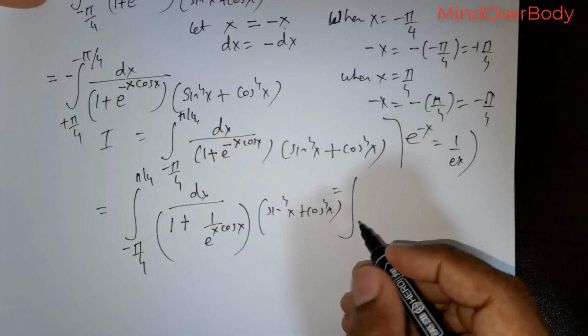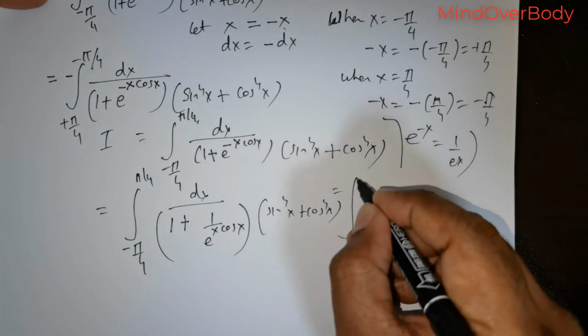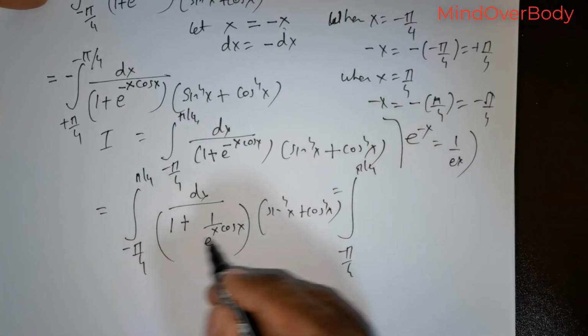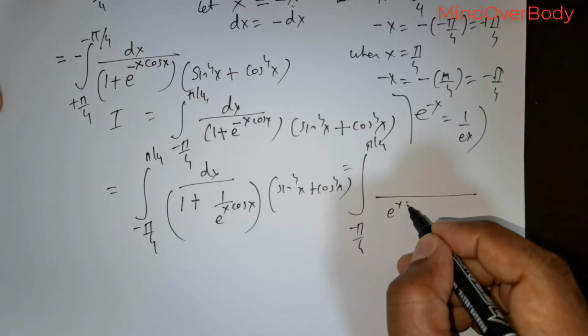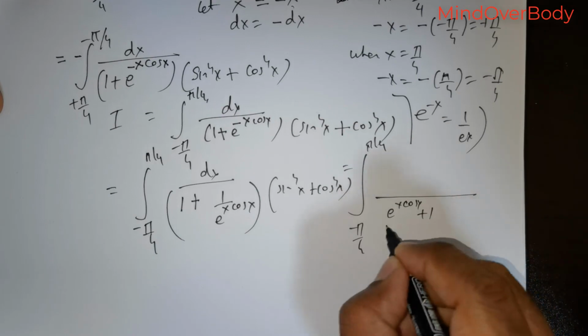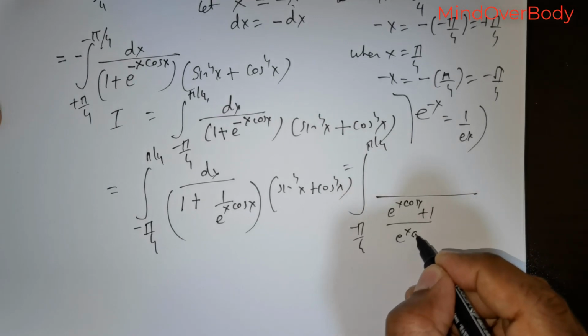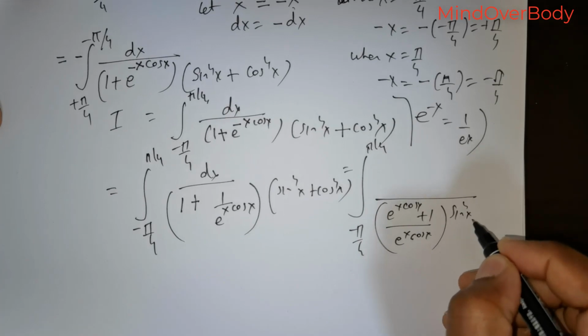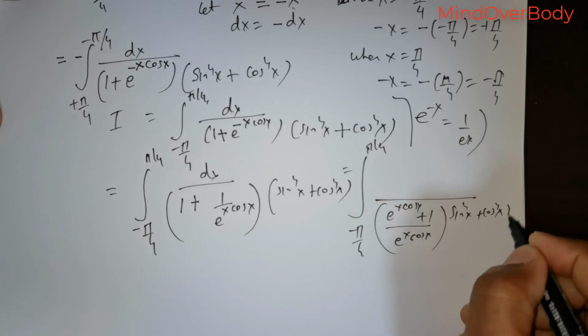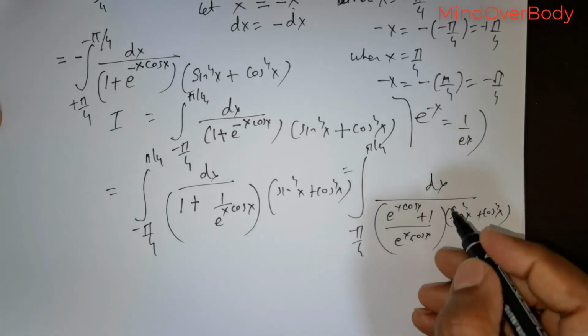So this is equal to integral negative pi over 4 to pi over 4. I take the LCM, so this is going to be e raised to the power of x times cos x plus 1 divided by e raised to the power of x times cos x times sine raised to the power of 4x plus cos raised to the power of 4x times dx. This is what we have got.